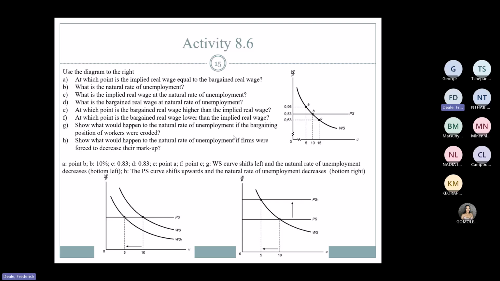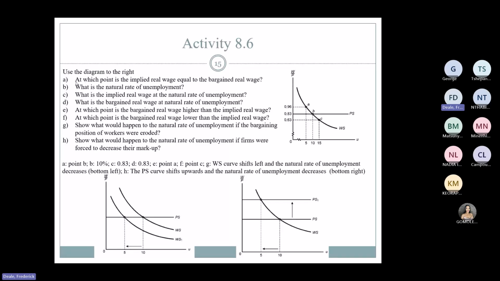Finishing up with activity 8.6, which just puts a lot of this into practice, right? So again, don't frantically write down the answers. The answers are on the slide and in the study guide. Looking at the first diagram, the diagram on the right, which looks quite familiar, we've actually seen and used this diagram a lot early on in the study guide.